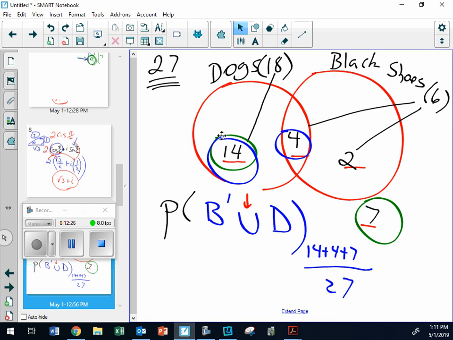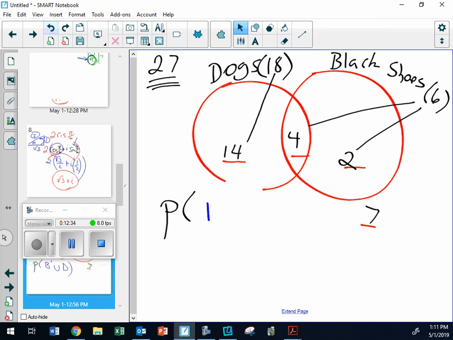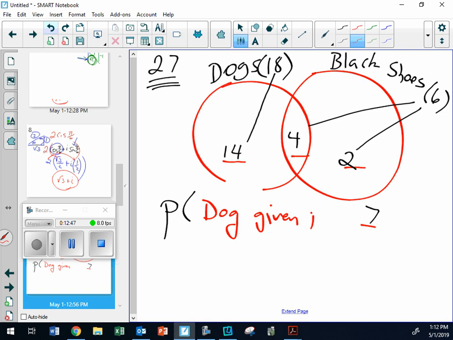All right. Now I'm going to change it to a given question. This will make it completely different. Because as soon as I say given, what has to change? The denominator. All right. So what's the probability of dog given black shoes?